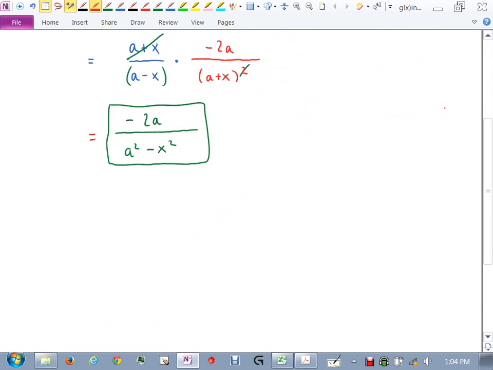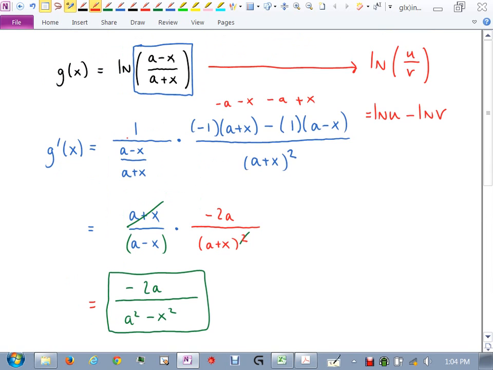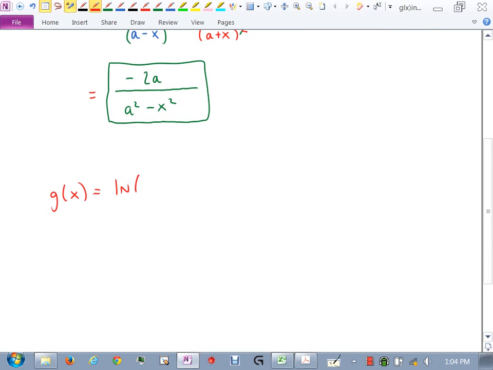So I would have started by rewriting g of x as natural log of (a minus x) minus natural log of (a plus x). And now I would just differentiate term by term, because there's subtraction.